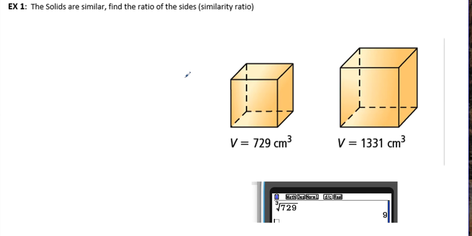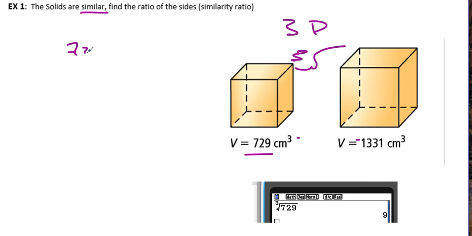What we're going to do is find things like the sim ratio, or the ratio of the sides, and maybe use that in the future. So here I'm giving you volume. This is 3D. So we need to take the cube root if we're given the ratio of our volumes.